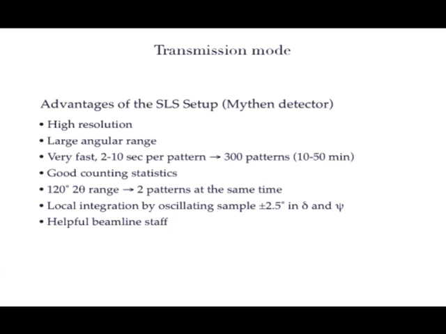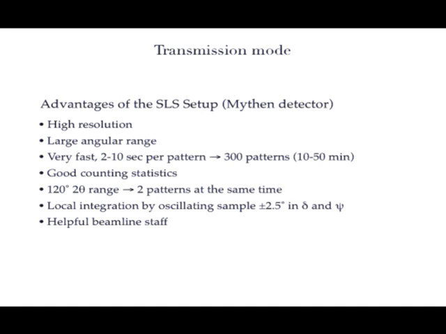But there are a lot of advantages with the transmission mode. We have high resolution. We have a large angular range. We have very fast measurements. We can measure in 2 to 10 seconds per pattern. So we can measure 300 patterns in about 10 to 15 minutes. The sample statistic is very good.